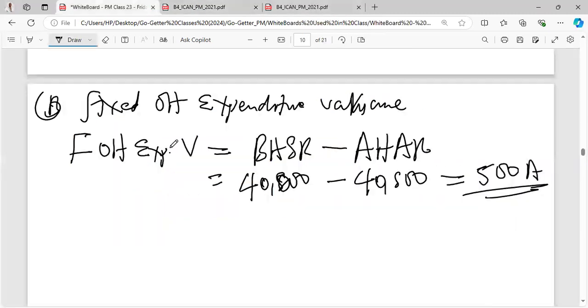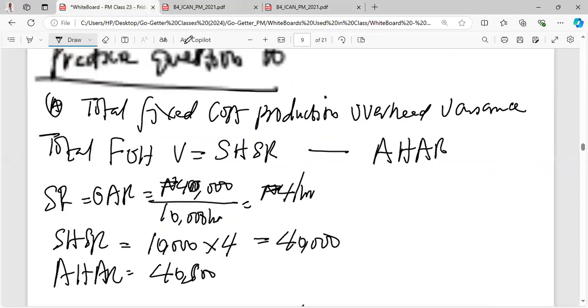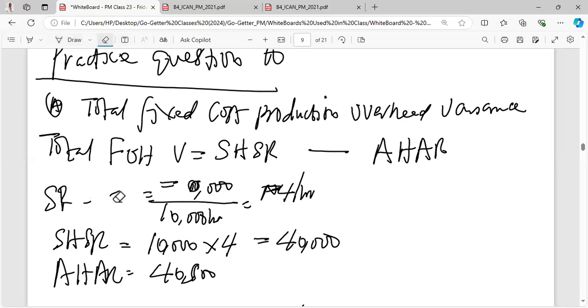So I should have come here, standard rate. This is not the overhead absorption rate now.